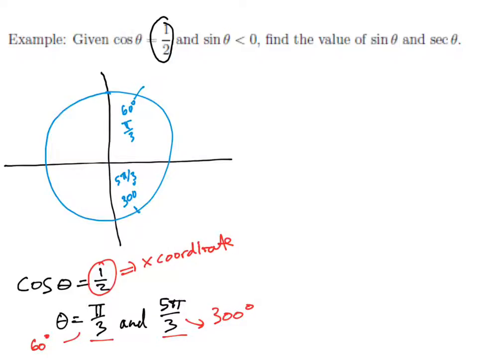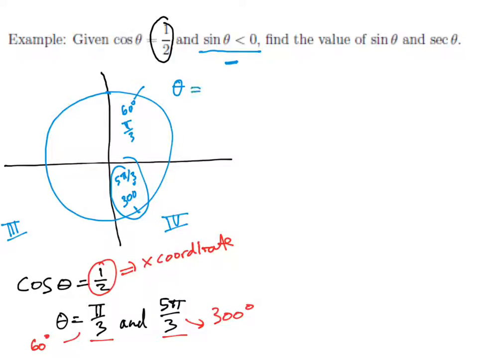Now the second piece of information says that sine theta is less than 0. Well, what this is saying is sine is negative. Because sine is negative whenever we are in quadrant 3 and quadrant 4, that tells us that the angle we are concerned with must be this angle down here, because that's the only angle out of these two possibilities that is negative.